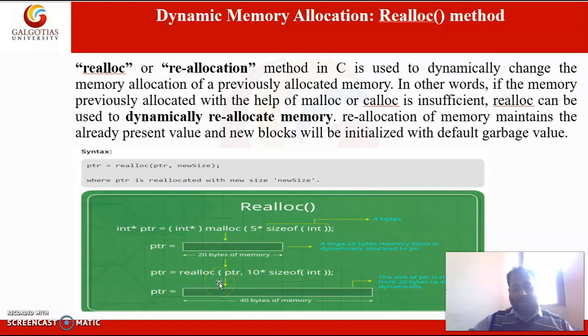In the reallocation, suppose we want to extend it to store 10 values, then the new size will be sizeof(int) times 10. Then the size of the pointer is changed from 20 bytes to 40 bytes. Here 5 was the previous size and 10 is the new size, meaning we have doubled the allocated memory size.